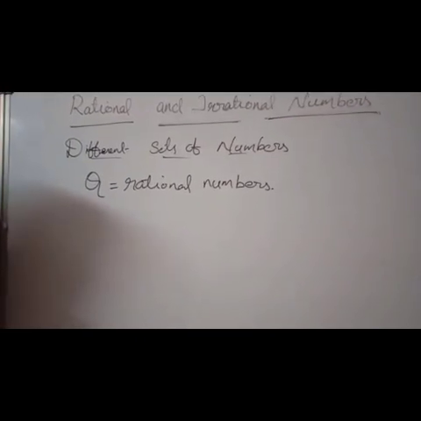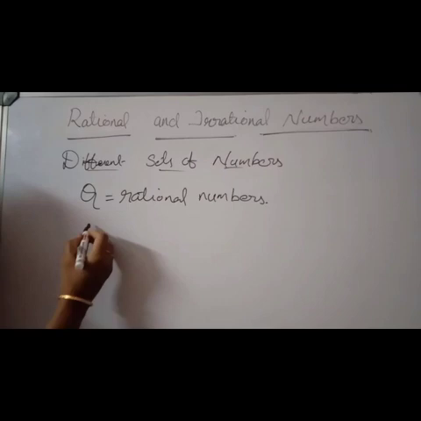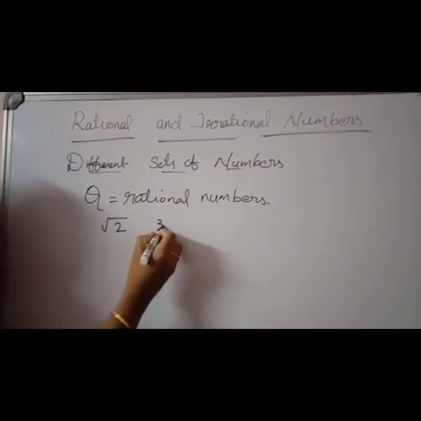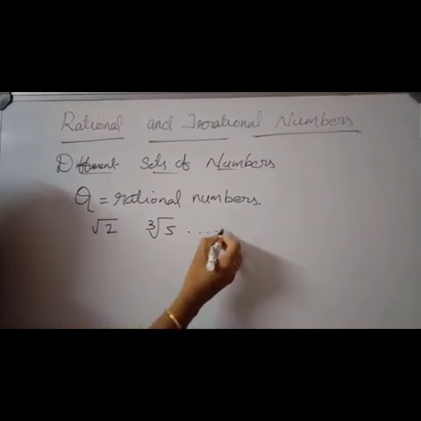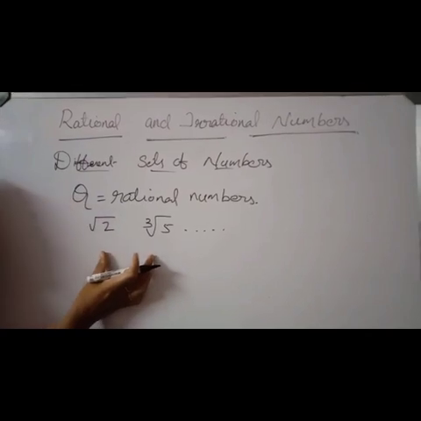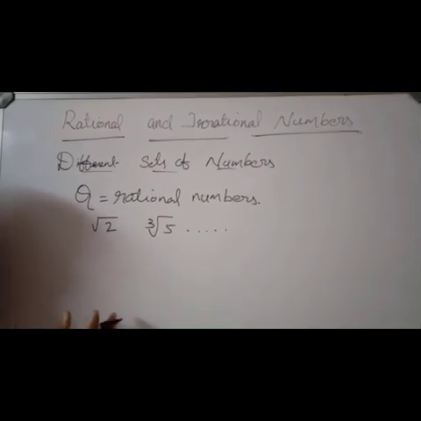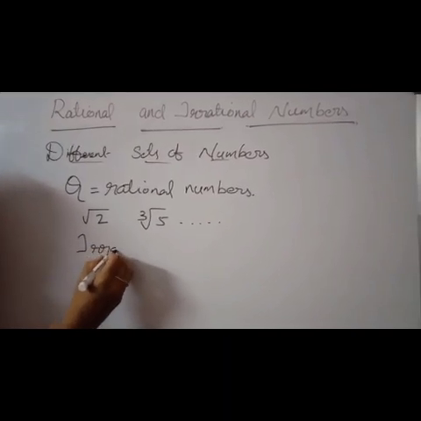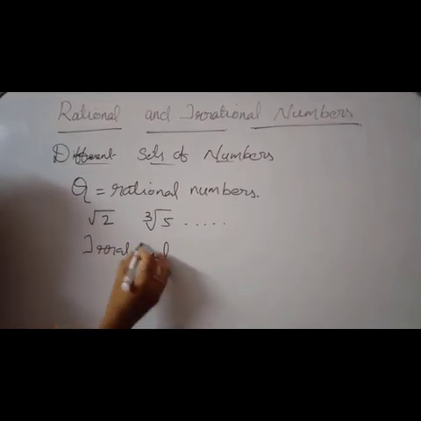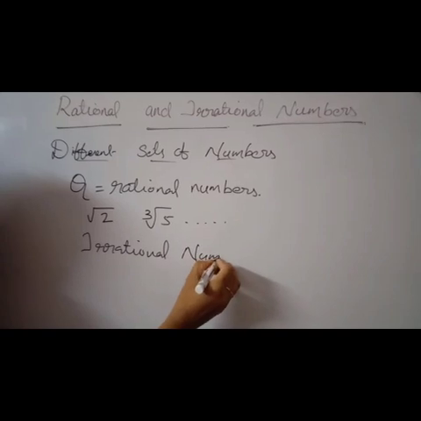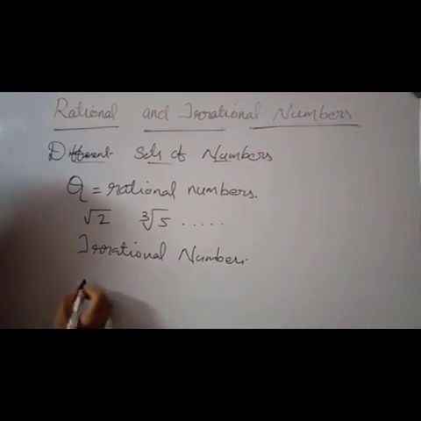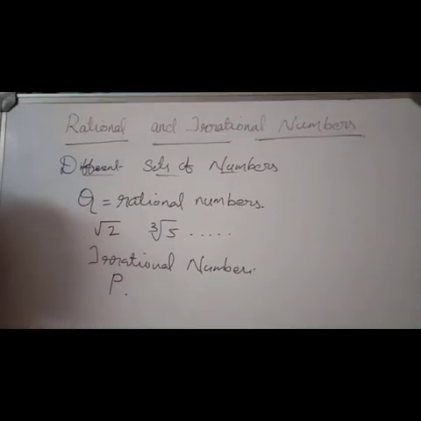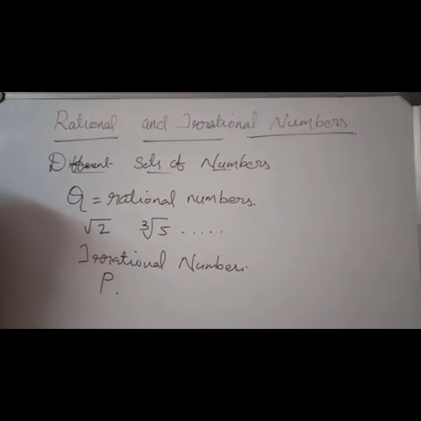Apart from these rational numbers, you would have seen numbers like square root of 2, cube root of 5, etc. All such numbers form another group, called the set of irrational numbers, and it is represented by P.